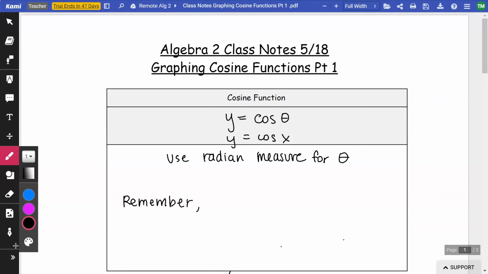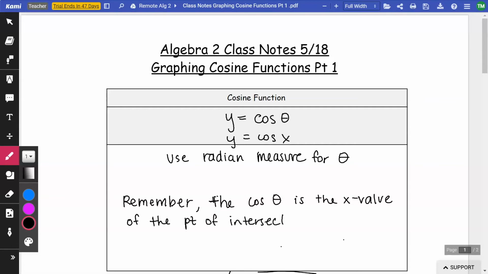So remember, the cosine of theta is the x value of the point of intersection of the unit circle and the terminal side of the angle.